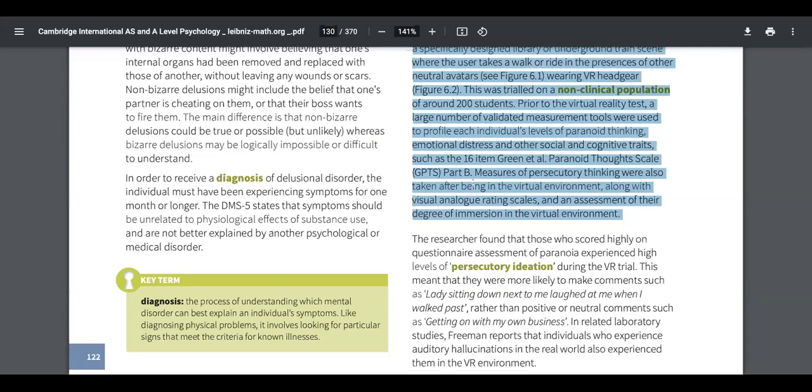Then it says they took visual analog rating scales. So when we talk about VASR, visual analog rating scales, the most literal terminology for that is that it's one of the pain rating scales. Basically you visually look at a certain scale, maybe like sad faces to smiley faces, and you rate the intensity to which you are feeling a certain thing.